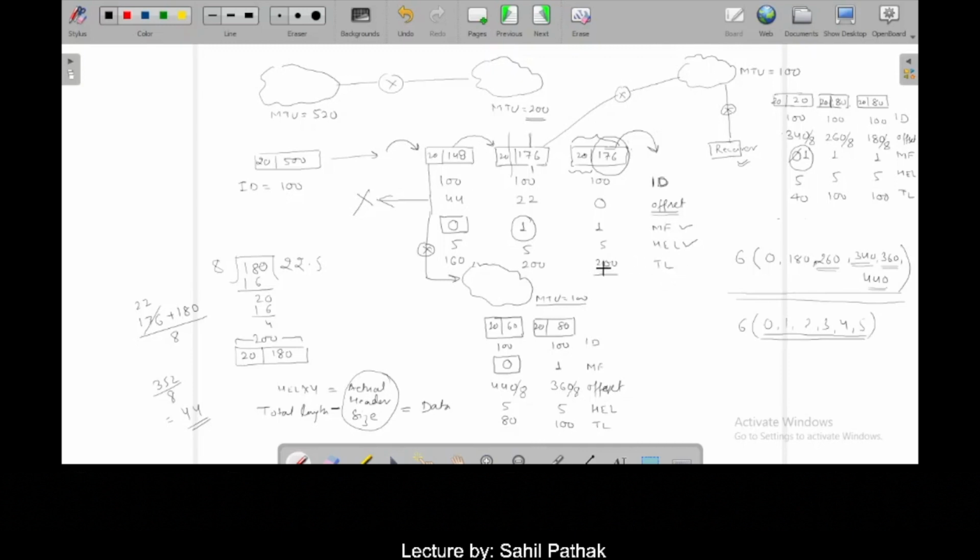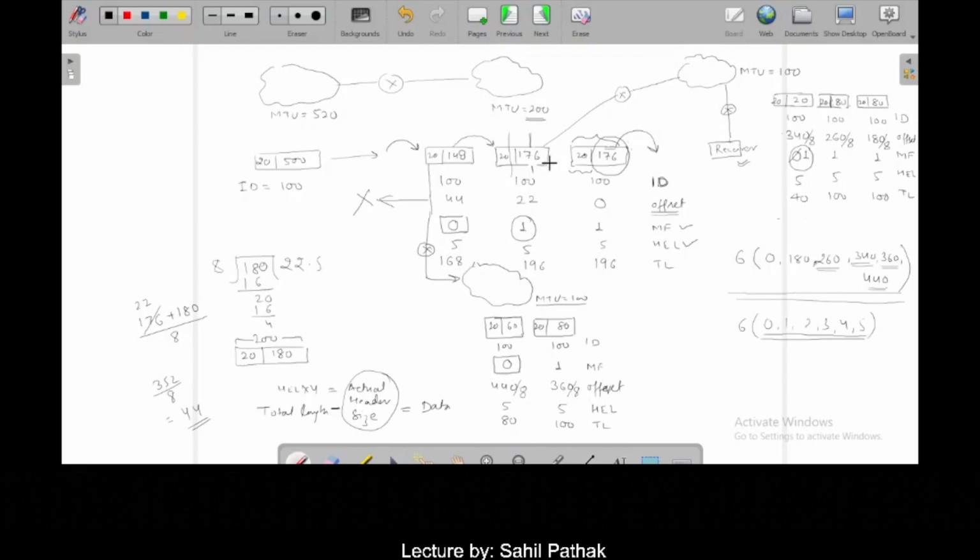The total length is going to vary now. The total length will be 176 plus 20, that is 196. Here also this will become 196, and here the total length field will be 148 plus 20, that is 168.